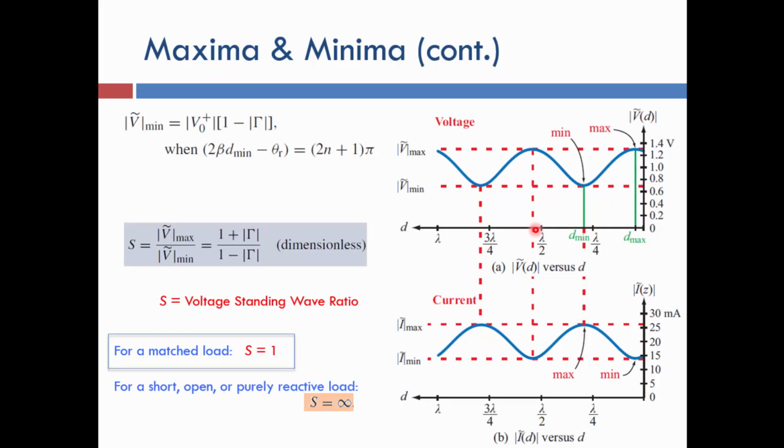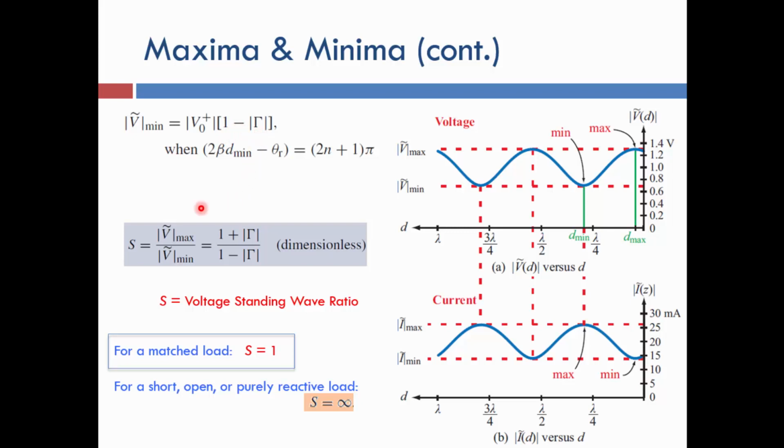So the minimum voltage, according to this, will be the magnitude of the traveling voltage multiplied by 1 minus the magnitude of the reflection coefficient. This is the minimum magnitude. The maximum magnitude will be the traveling voltage magnitude multiplied by 1 plus the magnitude of the reflection coefficient.